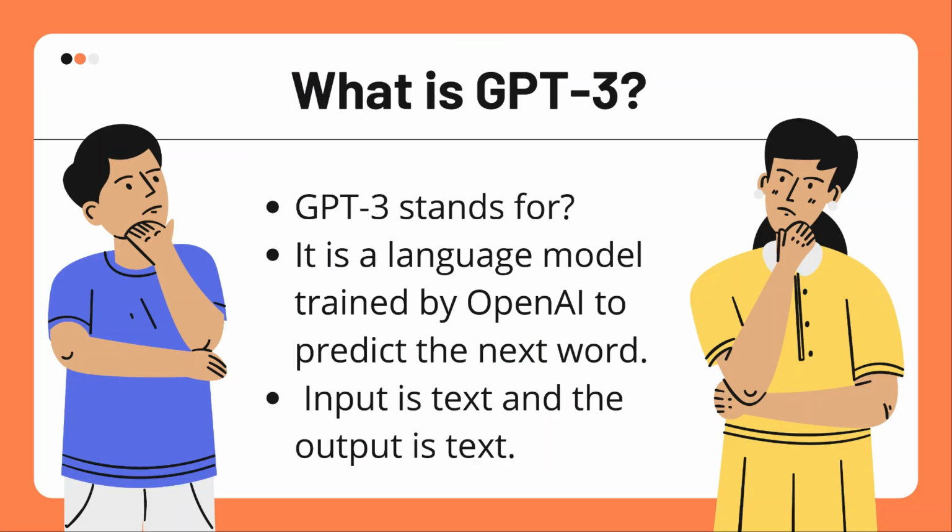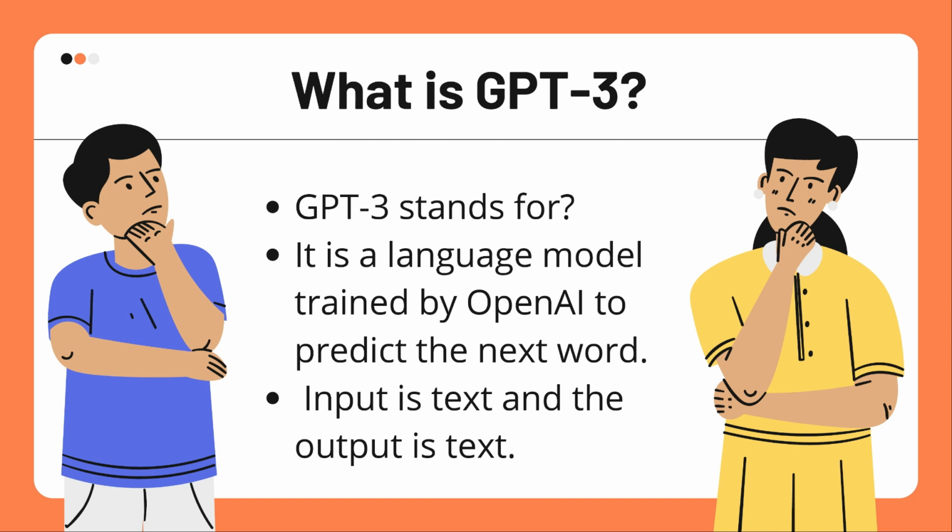So first of all, what is GPT-3? GPT-3 stands for Generative Pre-trained Transformer 3. At the heart, it's just a language model that is trained on a large corpus of text by a company called OpenAI. Essentially, it's just trained to predict the next word.